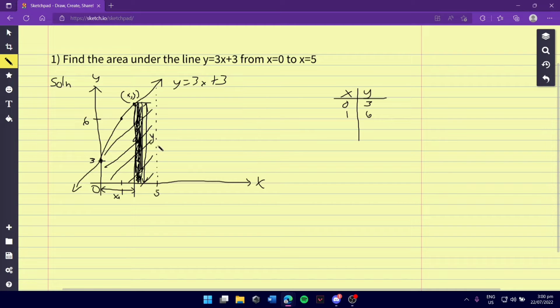So this is your y. Next, the thickness is your dx. Next, since we plotted it, we'll solve for the differential area. First, we take out your vertical strip. Let us put your vertical strip here.